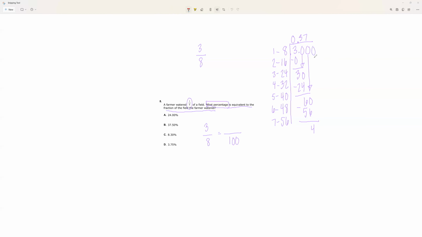Add 1 more 0. See if 8 goes into 40. I come down here, 5 times. Minus 40 equals 0. So now my decimal is 0.375, or 375 thousandths. So I have a decimal, but it's asking me for a percent.